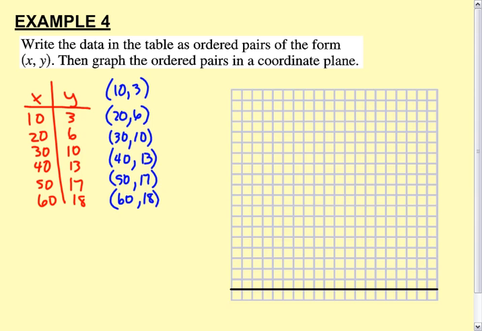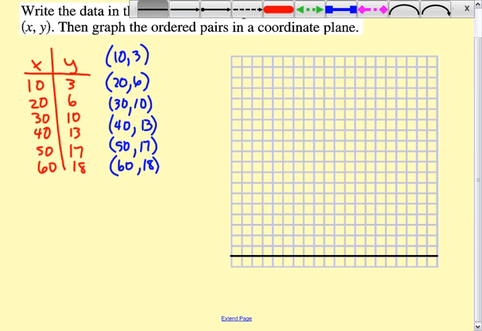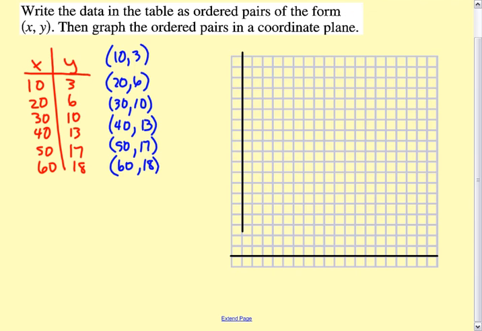Okay? Now, on my graph here, I'm going to let each one of these little squares stand for 5. So that means that that's 10, 20, 30, 40, 50, 60. Okay? And that means that this is going to be, now you know what?